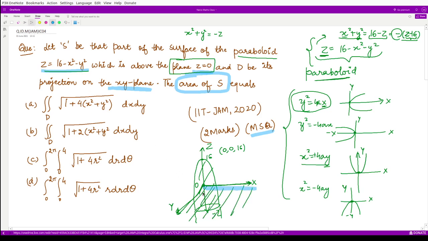So this is your plane z is equal to 0. In this plane, you are to take only that portion which is above this plane. So that means the portion something like this and this one. So only this red portion is required here.